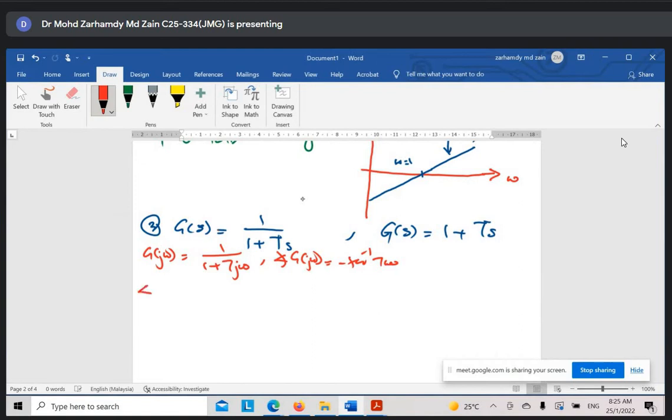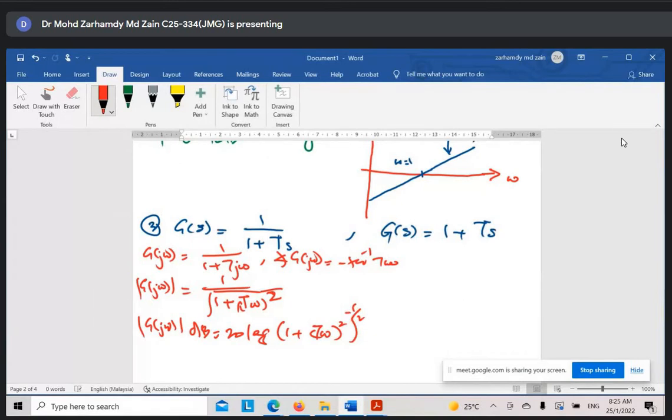But in terms of the gain, if we look here, we have j omega, and the gain is 1 over the square root of 1 plus T omega squared. So for the gain of the Bode diagram, in dB, we have 20 log of 1 plus T omega squared to the power of negative 1/2. Bringing it up, it becomes negative 10 log of 1 plus T omega squared. This is the system.